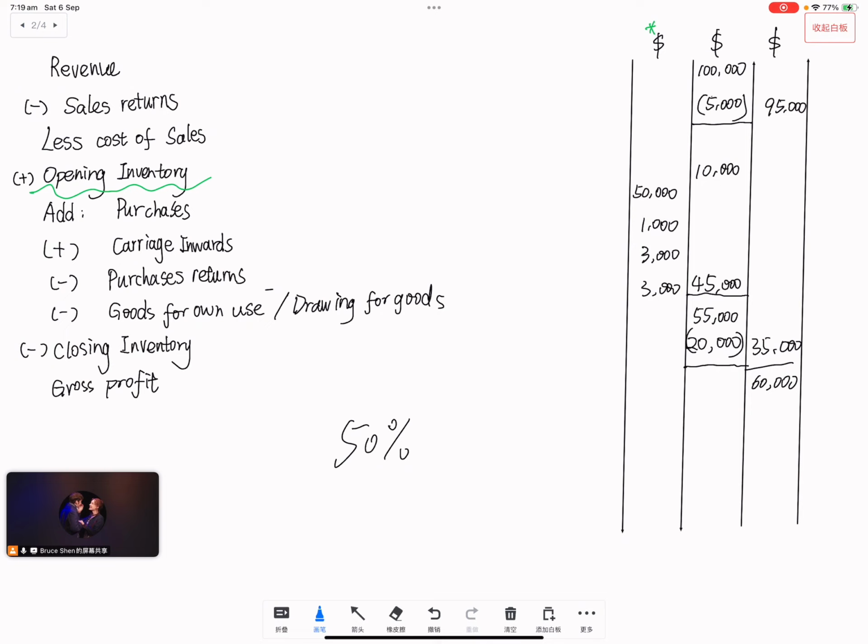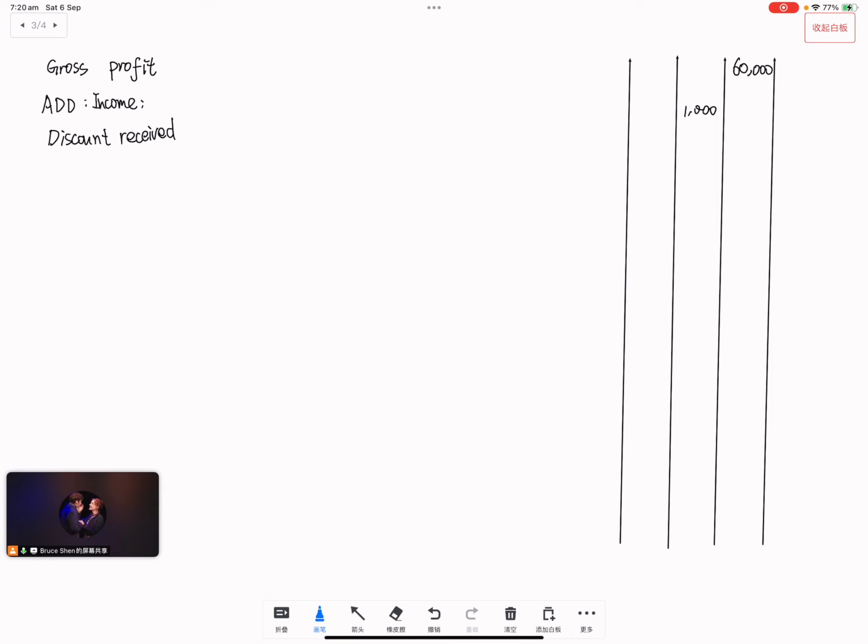But for the expenses, you just need to have a bracket for the total. Rent receivable: if there is a single word called rent, then it is kind of like an expense. You pay rent, but if it is rent receivable, that is something you received. Assume 10 grand. Commission receivable.